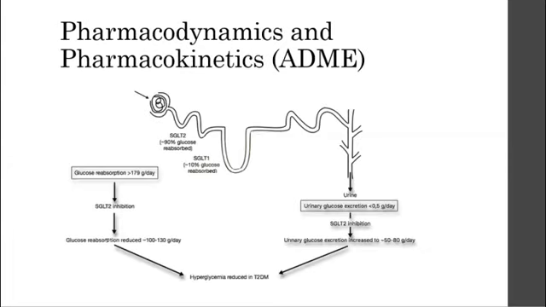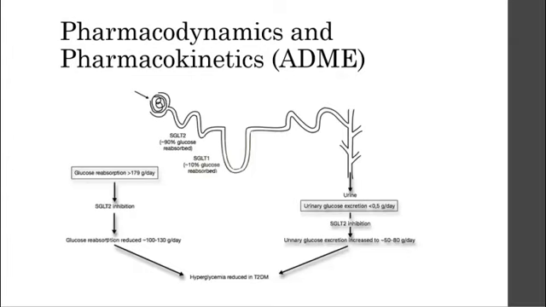Pharmacodynamics. Empagliflozin is a reversible, highly potent and selective competitive inhibitor of the sodium glucose cotransporter. Approximately 90% of renal glucose reabsorption occurs in the first segments of the proximal tubule and is mediated by SGLT2, a low-affinity, high-capacity transporter.